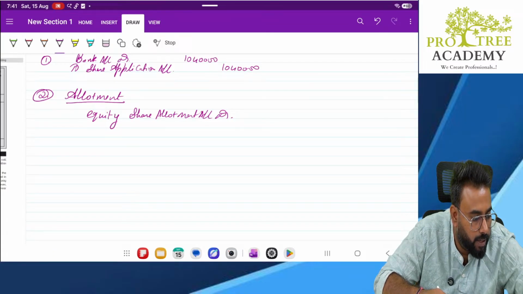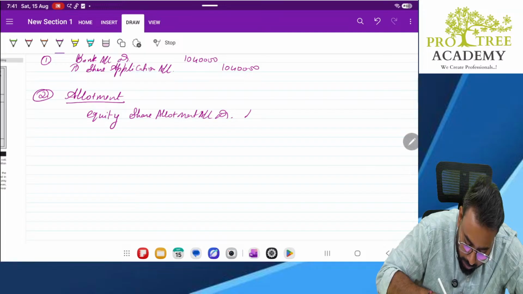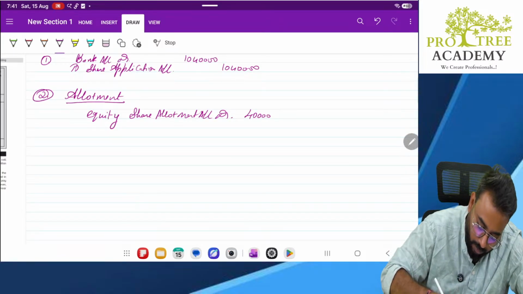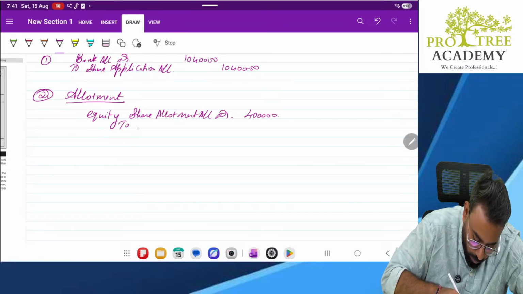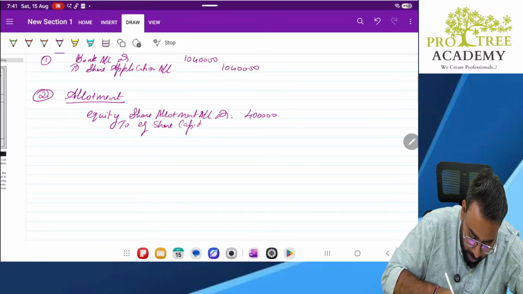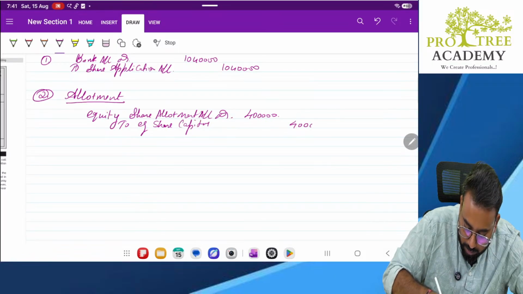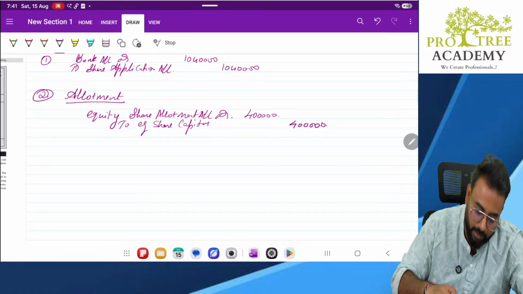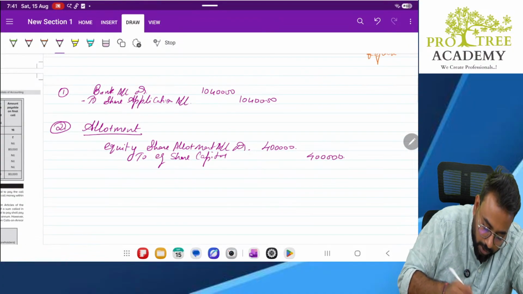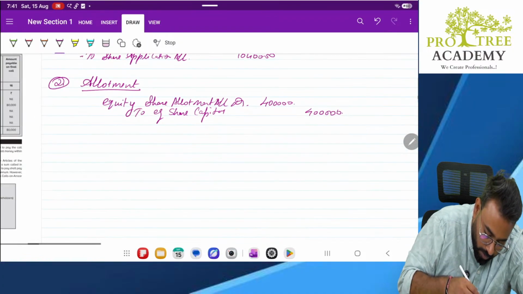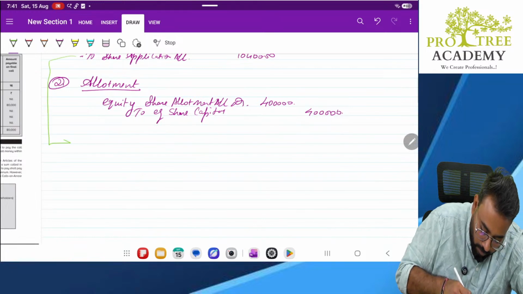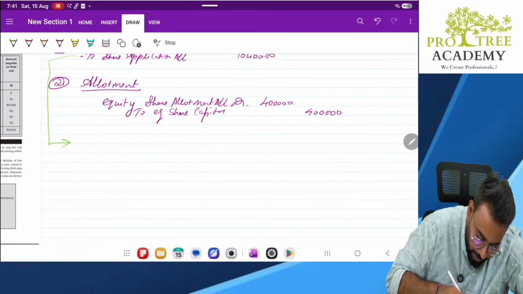If I remember correctly, application money 4. Equity share capital 4 lakhs. Correct? Now, we need to transfer this also to share capital. Correct or no? This also has to be transferred to share capital.